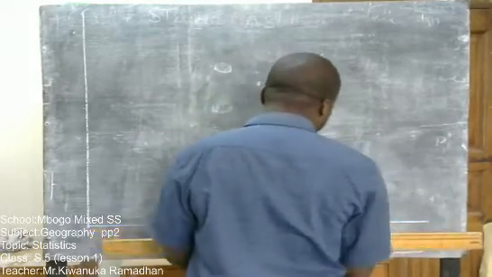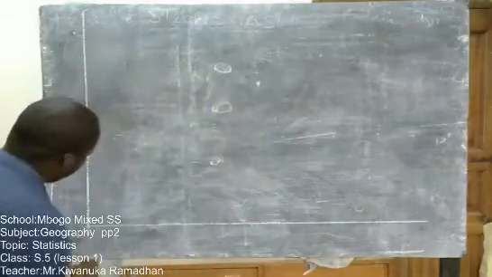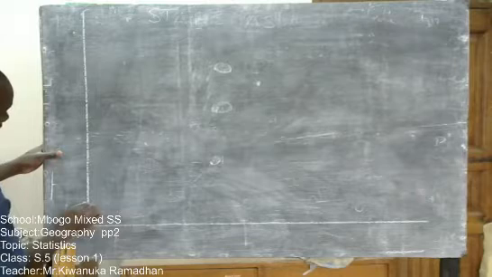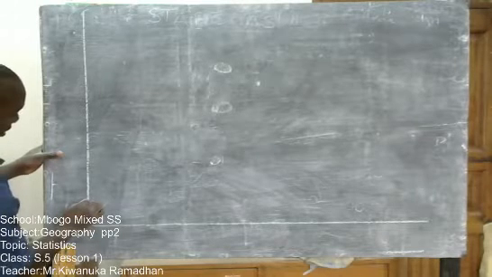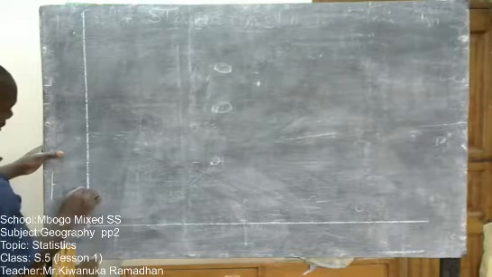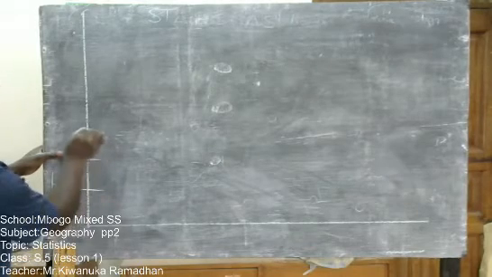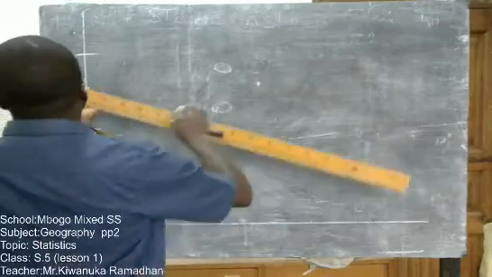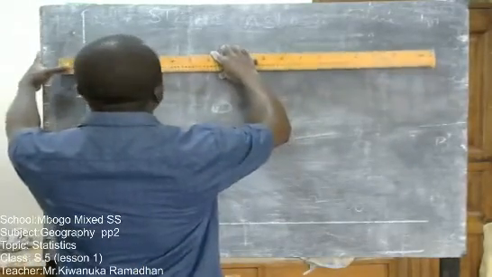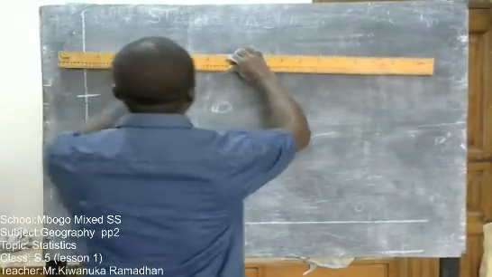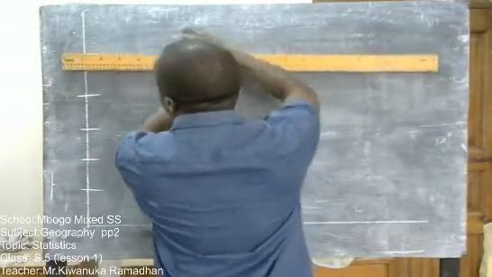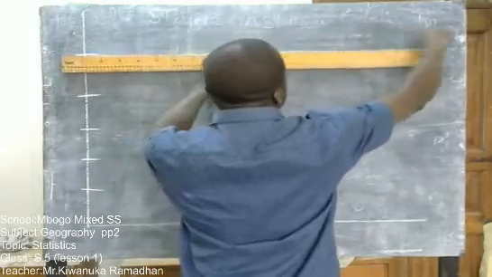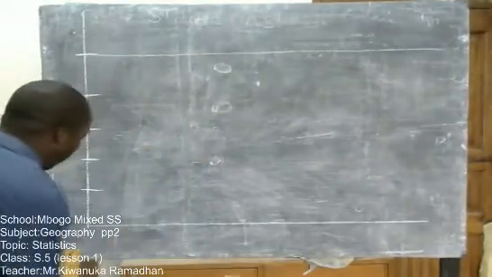That is your horizontal axis. So this is the rectangle that we want to come up with.